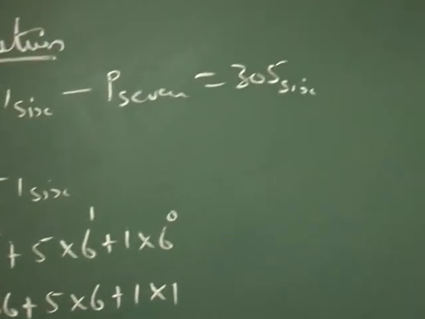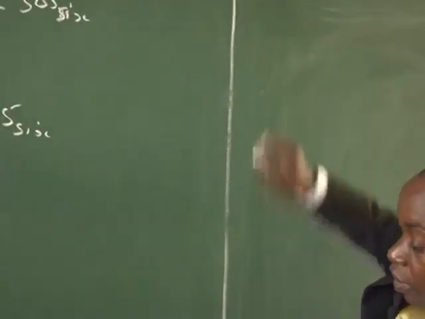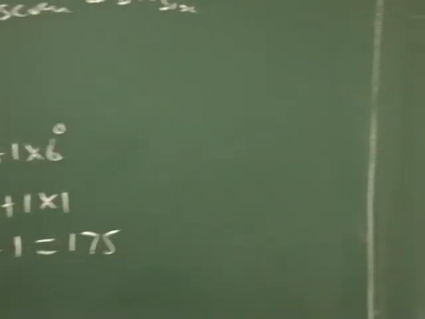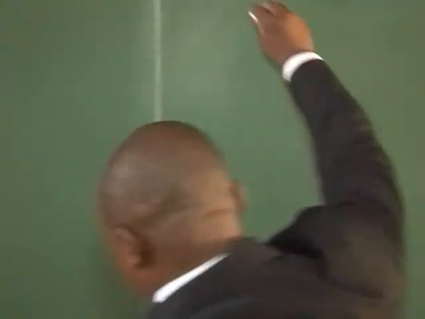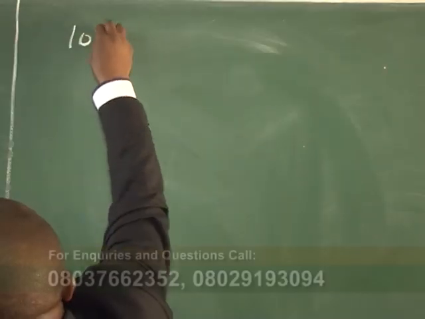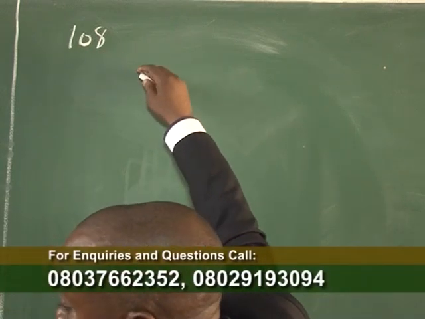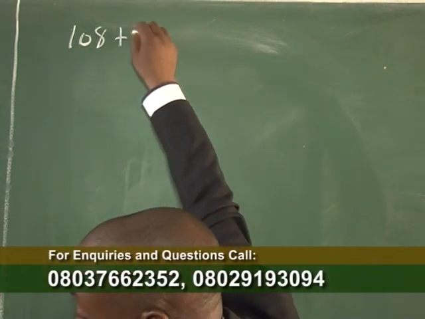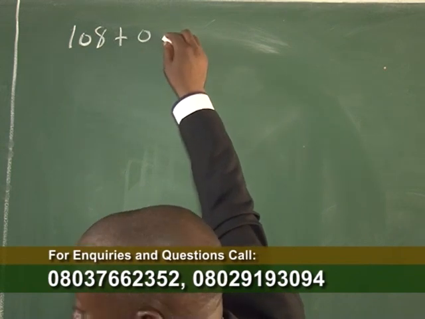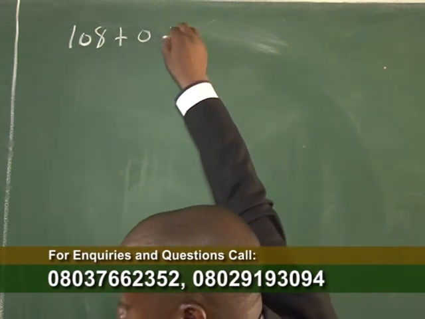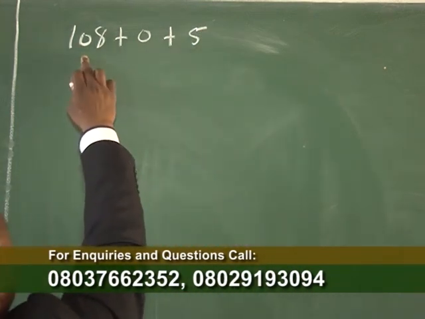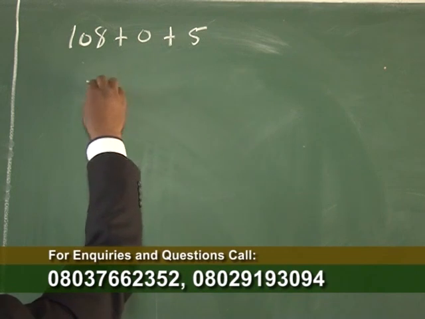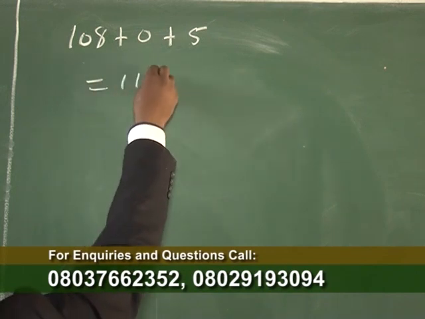We start from 3. 3 times 36 gives us 108, plus 6 times 0 plus 5. And 108 plus 5 will be 113.